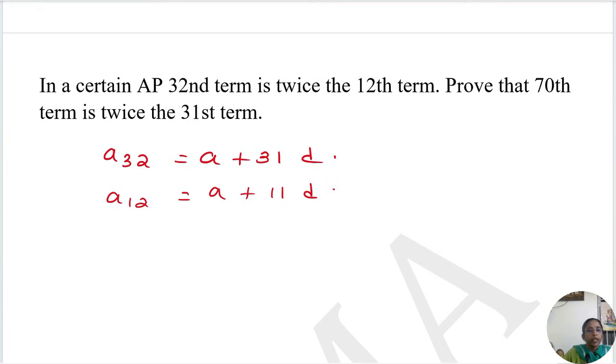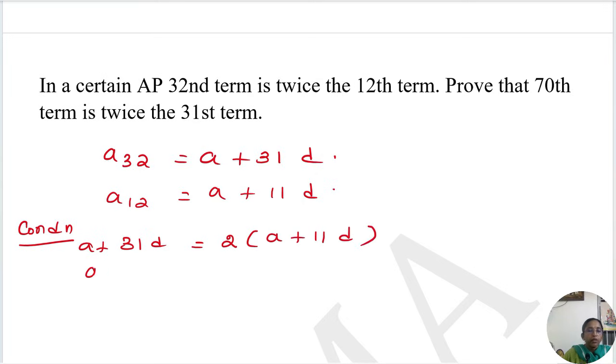So based on the condition, we can write A32, a plus 31d, is equal to twice the 12th term, so 2 times (a plus 11d). So a plus 31d is equal to 2a plus 22d. If we simplify, then we will get 9d is equal to a.